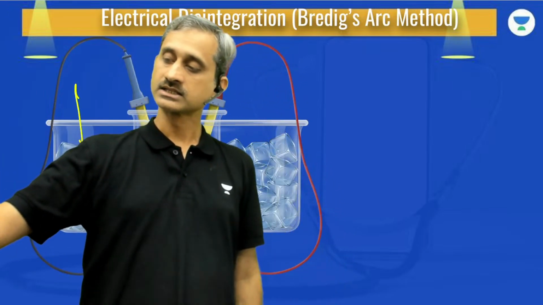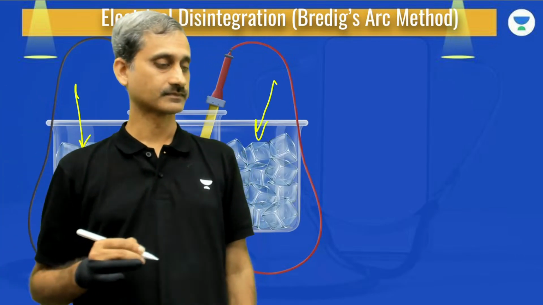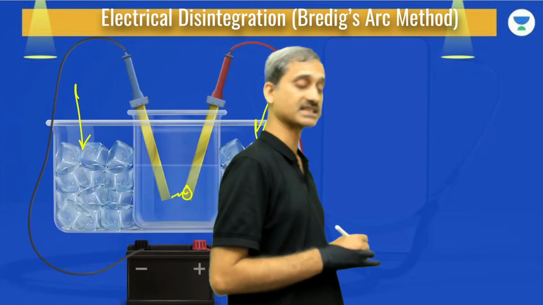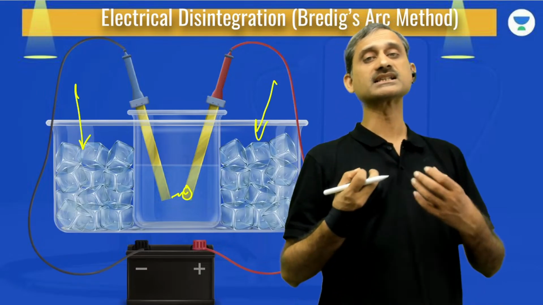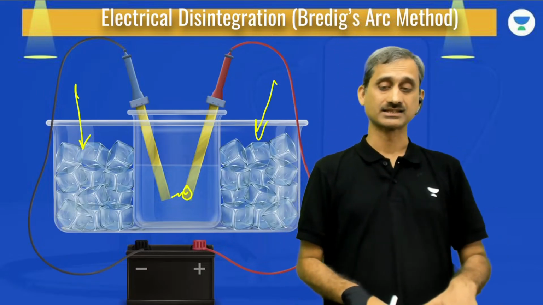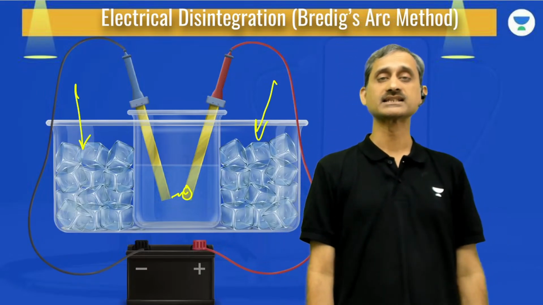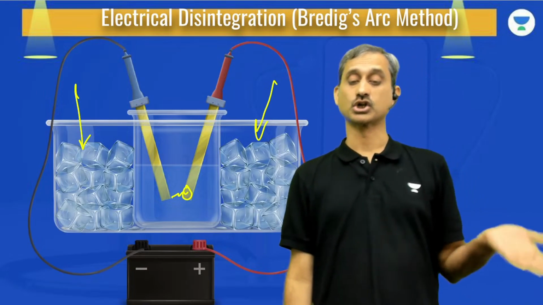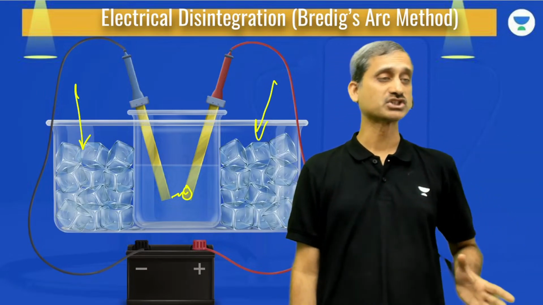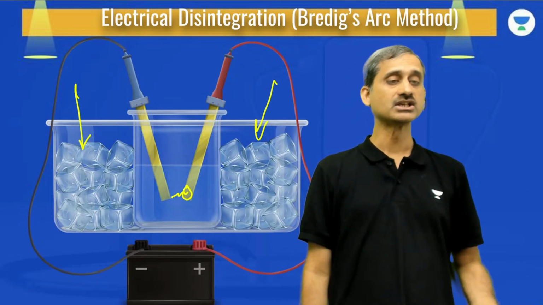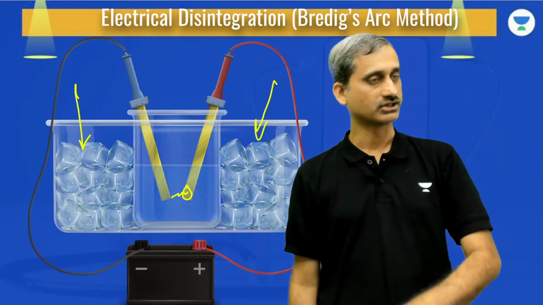Now it is surrounded by ice. That means the entire system is extremely cold. So the moment this metal evaporates, it condenses. And when it condenses, the particle size is not too small, it's not too large, so it does not go into the suspension range, it does not remain in the solution range, it goes to the colloidal range.